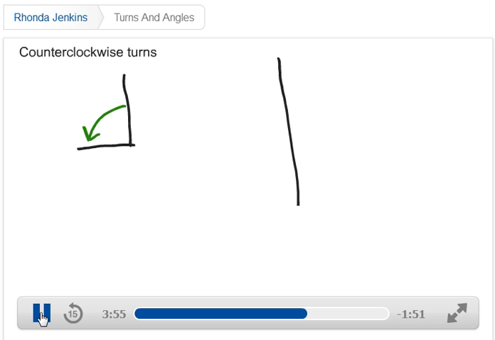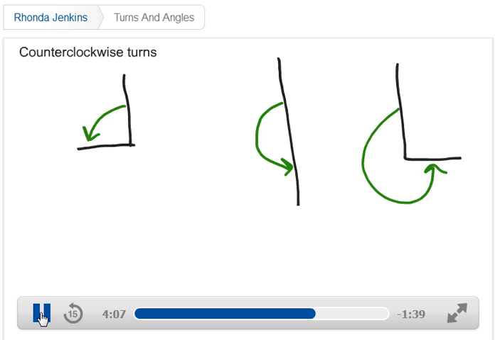Then there's the counterclockwise half turn, a counterclockwise 3/4 turn, and then a counterclockwise full turn. Just remember, the direction that the arrow goes in is the way the turn is made in the angle.